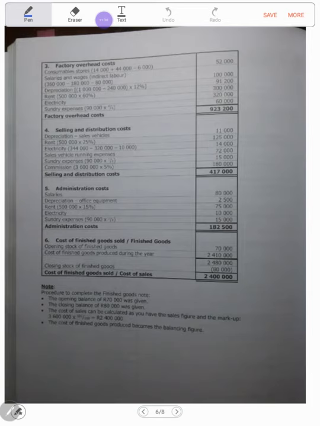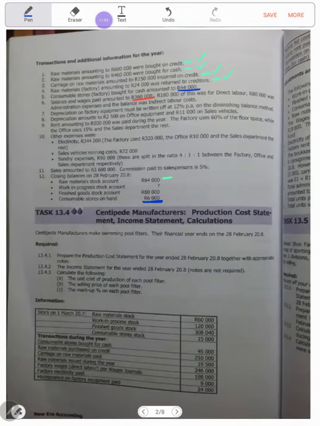So please look out for opening balances, what you have purchased during the year, and you're going to be subtracting what you have not used with the closing balance, your consumable stores on hand, and that will give us a value of 52,000 Rand.